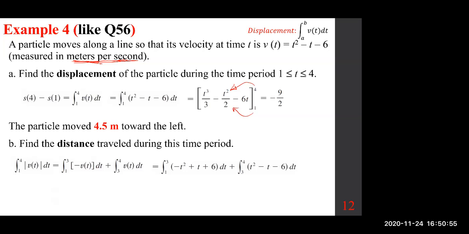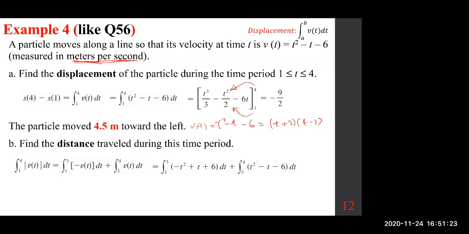Okay, so v of t in factored format is what? Let's just write the velocity function itself first. T squared minus t minus 6 is what? T plus 2, t minus 3.